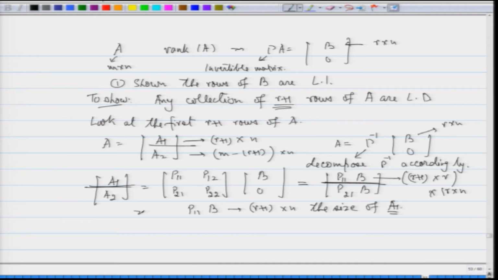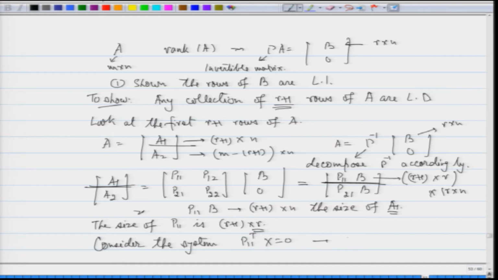So, what we see here is the size of P11 is R plus 1 cross R. Fine. So, now let us look at the system. All right. So, consider the system P11 transpose of X is equal to 0. Fine.